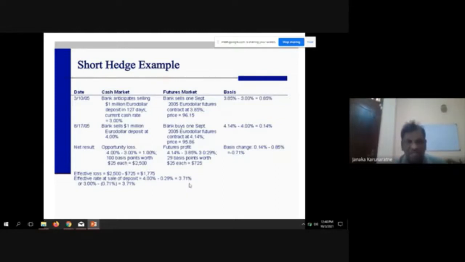Clear? So that is how we can use the futures market instrument to hedge against your risk. First you have to identify the potential risk and identify the right way of doing it, short or long, then identify the right product in the futures market and do the relevant hedging.